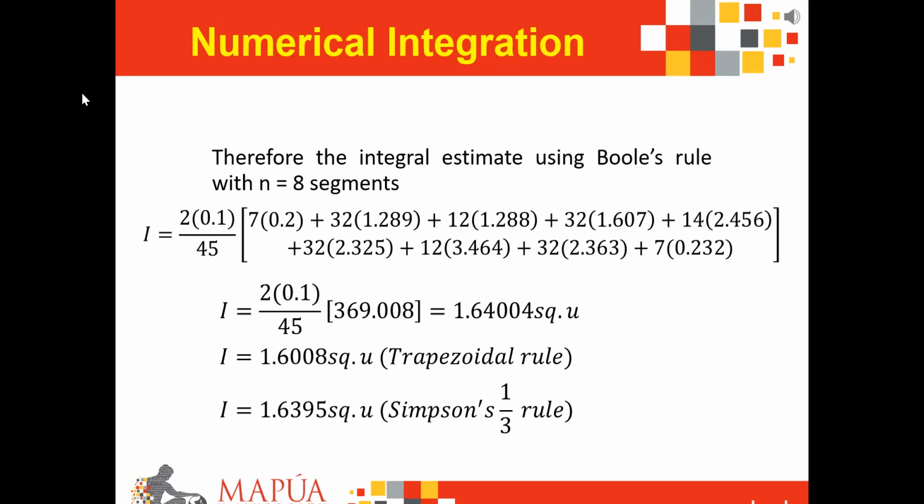Whereas for Simpson's one-third rule, for n equal to 8, we ended up with an integral estimate of 1.6395. And we already know that the actual integral value turns out to be 1.6405. Note that the error in your approximation technique, in this case for Boole's rule, turns out to have a greater value for n equal to 8 as compared to n equal to 4.